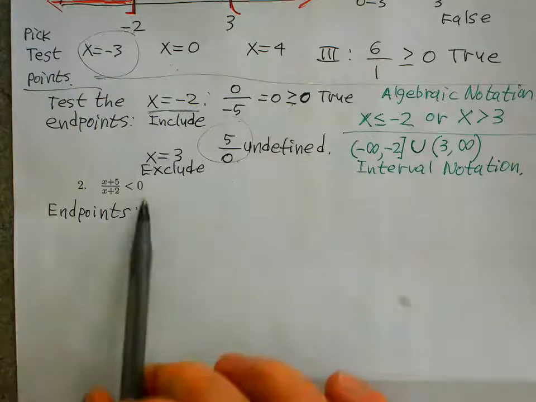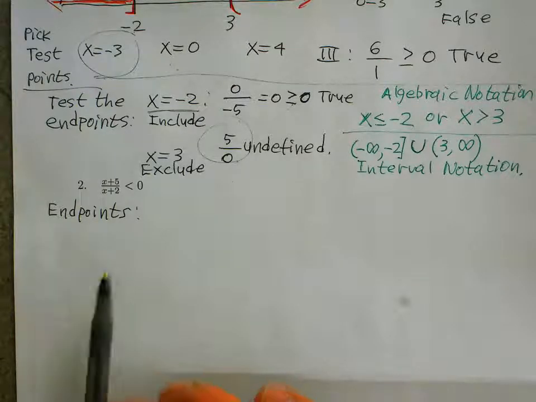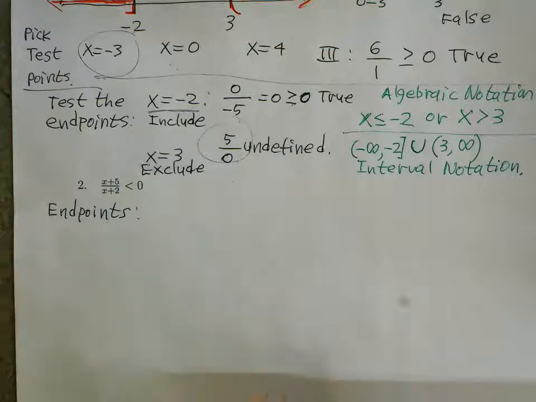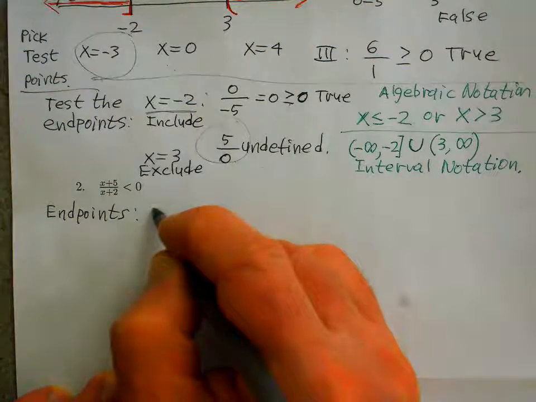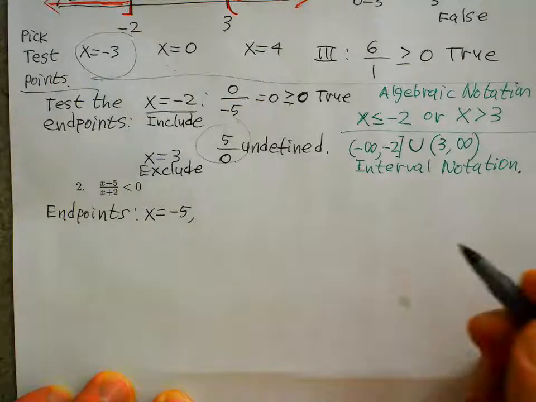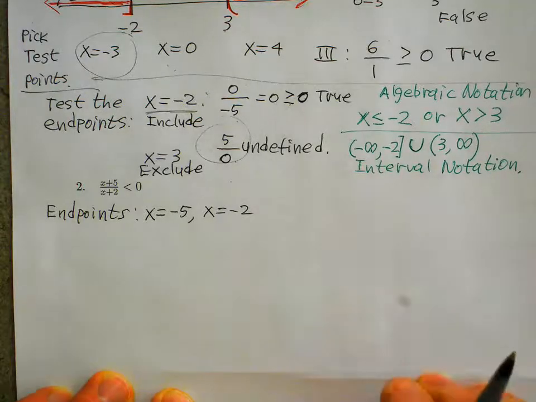So once one side is 0, the endpoints are the x values that make the numerator 0 combined with the x values that make the denominator 0. So we have two endpoints: negative 5 makes the numerator 0, and negative 2 makes the denominator 0.